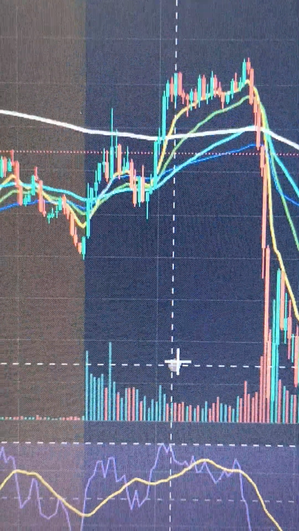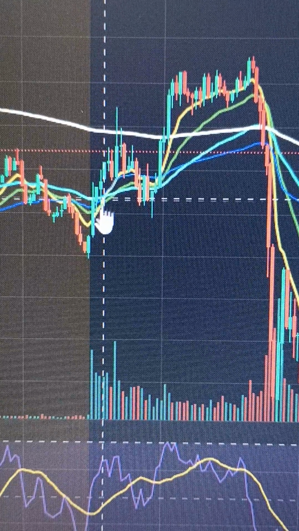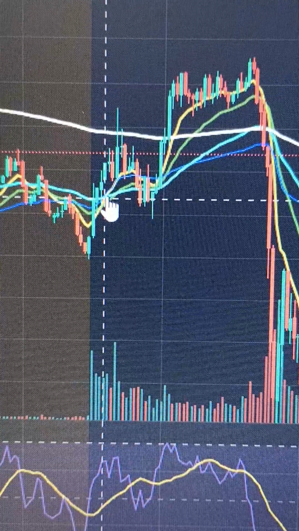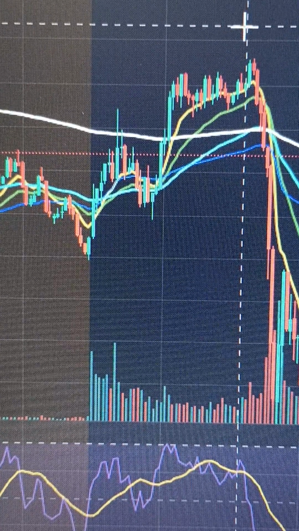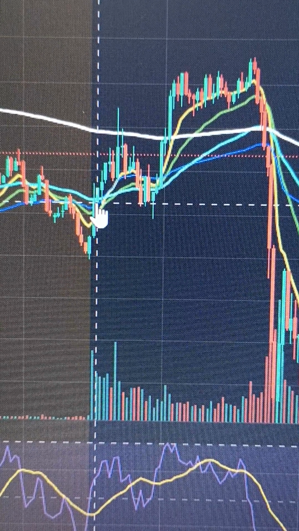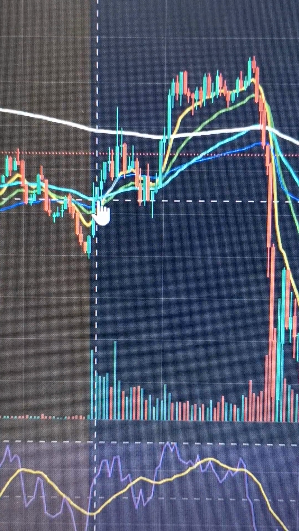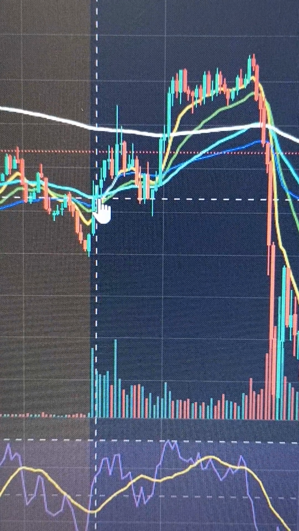But remember, once the 9 crosses above the 21 and the 50, that's a more bullish indication. So you can use these EMAs to determine where you're going to enter a position or where you're going to exit a position.